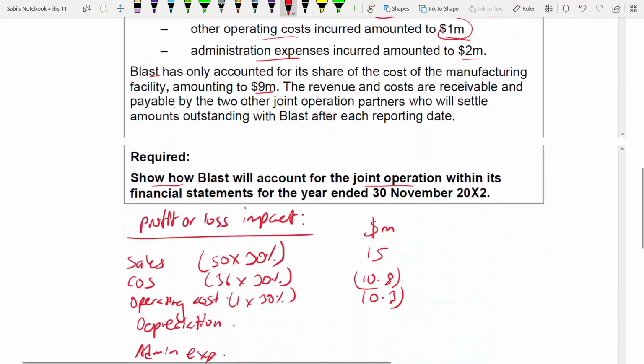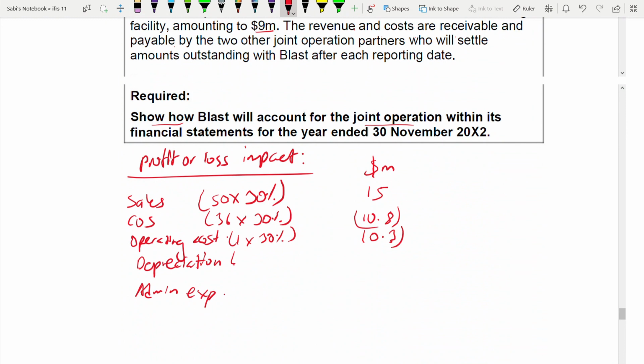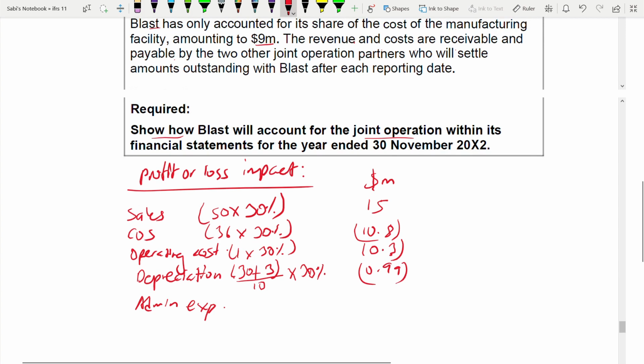Here it will be 30 plus the dismantling cost 3, take this over 10. Why? Because the useful life is 10 years. Or you can just multiply by 1 over 10. It's the same thing. And take 30% of this only, which will be 0.99. Again in brackets because you have to deduct.